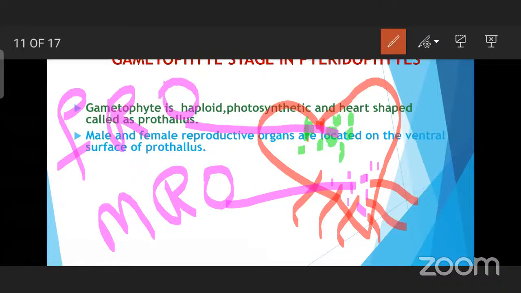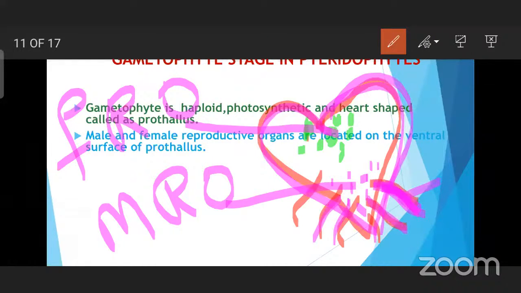And who is forming this? The gametophyte is forming here. This gametophyte, the prothallus, has unicellular hairs. These roots are unicellular, single cell. That means you can imagine how inconspicuous it is, how small it is, and how short lived it is.